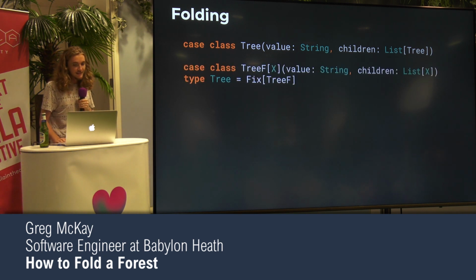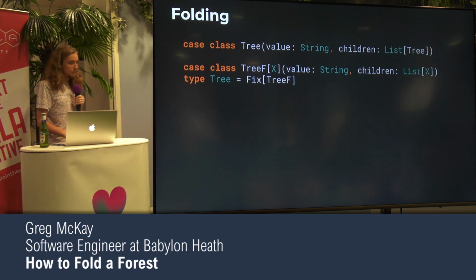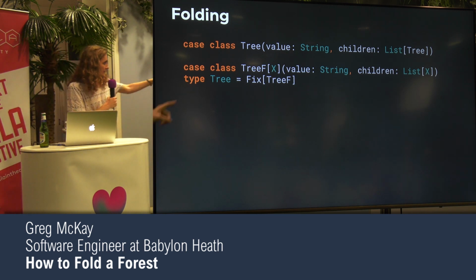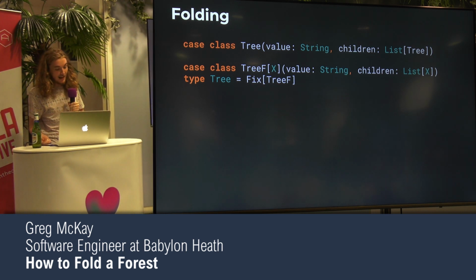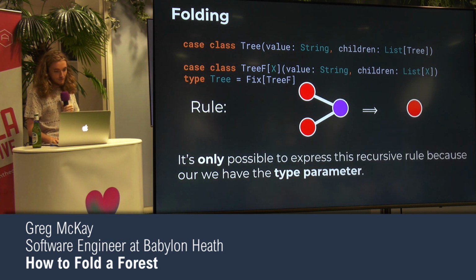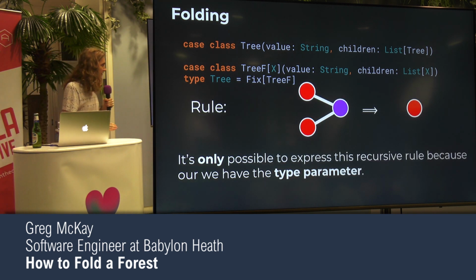And what we've done is taken out this recursive call to the tree in the children and put a type parameter instead. And then put the recursiveness back into it by using this fix.